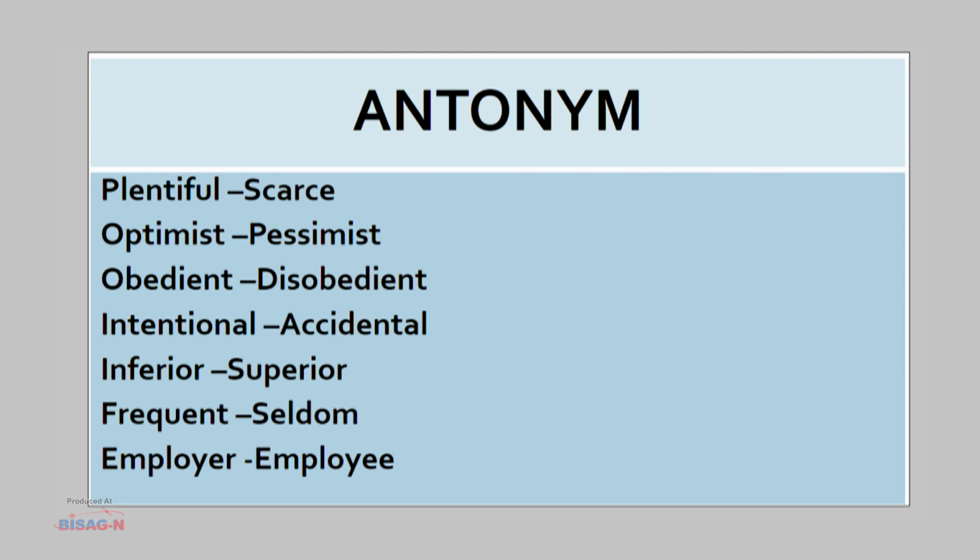Employer, employee. So these words are so common that they are really used in your day-to-day life. I have seen so many people in my day-to-day area where they are focusing on these words. So let us understand these words.